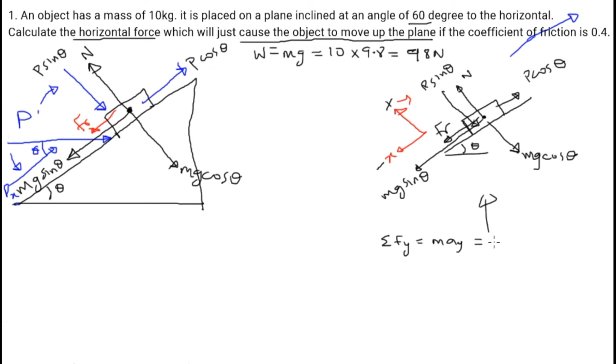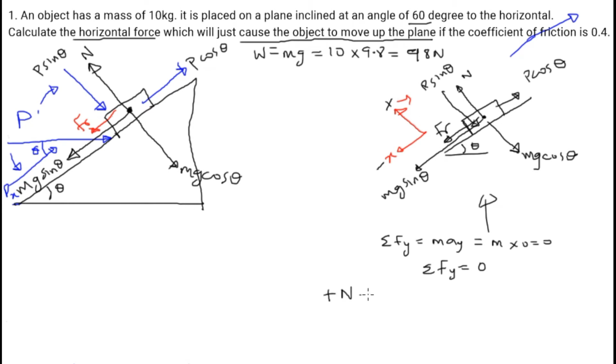Because there is no acceleration there, we have the mass multiplied by 0, which is actually equal to 0. So we need to add the forces together. We need to do the vector sum of the forces, which means I will add them with their directions. N, which is the normal force, is along the positive y-axis.